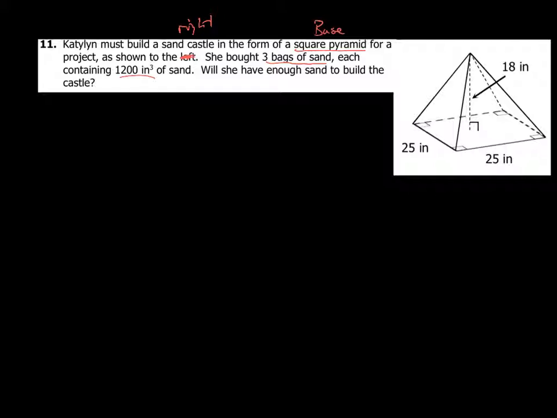Well, I guess we're talking about volume, right? So the question is about volume. Does she have enough? Volume of a square pyramid is going to be 1/3 times the base times the height. And the base in this scenario is a square. So area is equal to side squared.